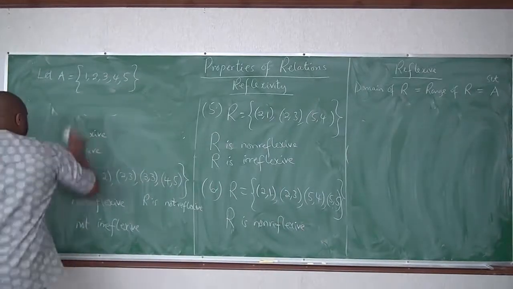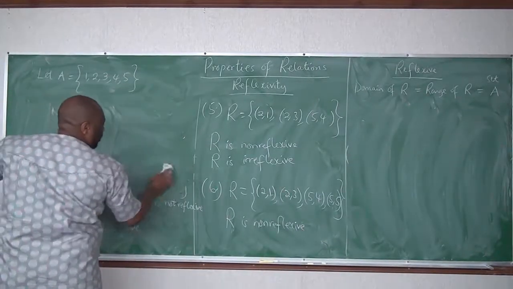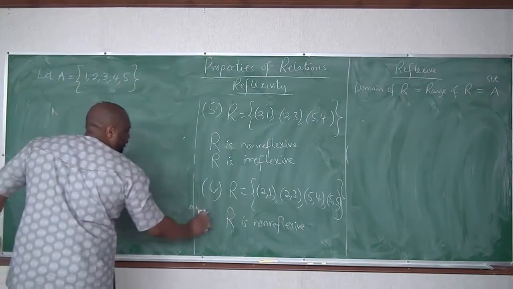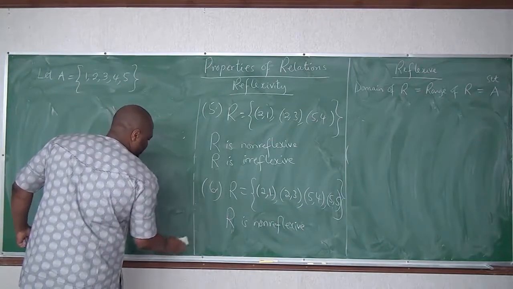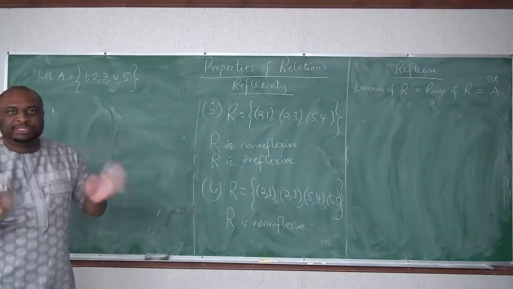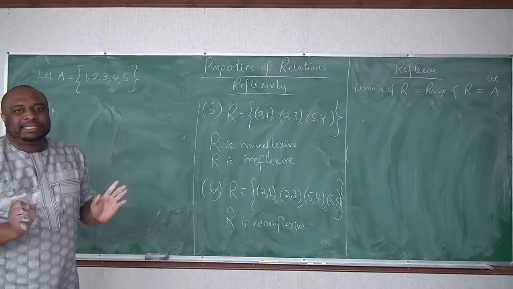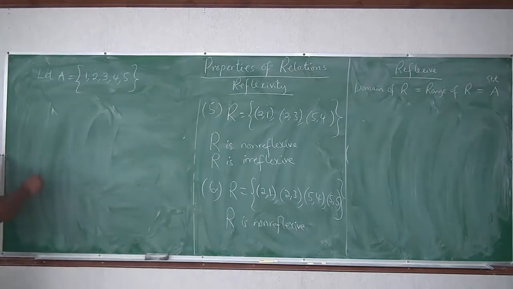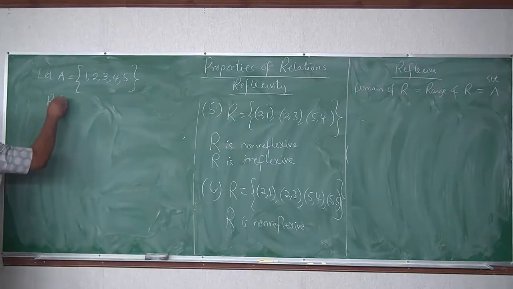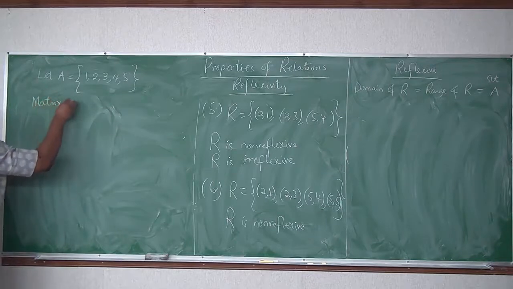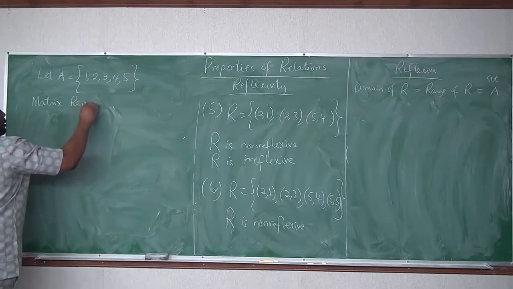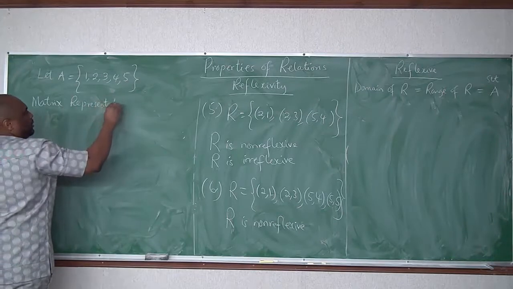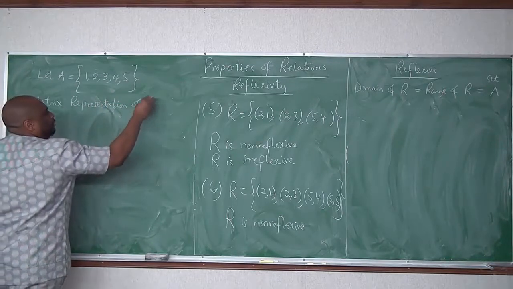It's my understanding that you at least know matrices and sets. Matrices and sets are prerequisites to this. When we say reflexive property, matrix representation of reflexivity.